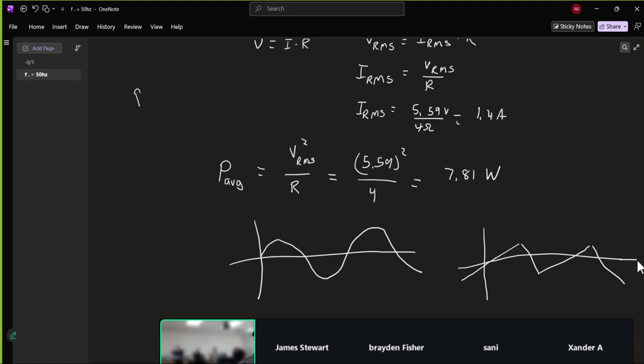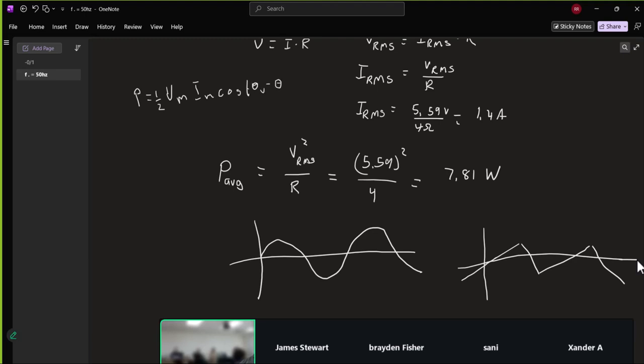Power equals 1/2 VM IM cosine of theta V minus theta I.